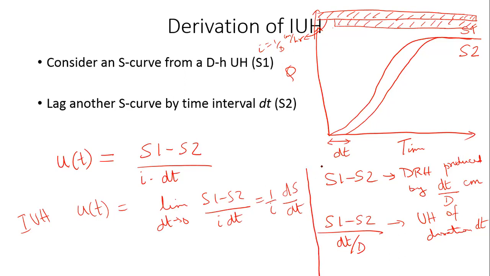The slope of my S curve divided by I, the effective rainfall intensity, will give me my instantaneous unit hydrograph. If I assume that my dt is tending to 0, then that gives me my instantaneous unit hydrograph. It's fairly straightforward.